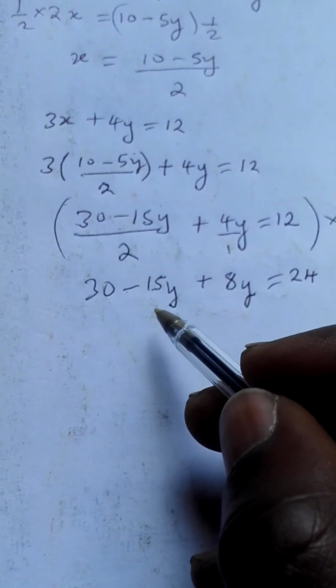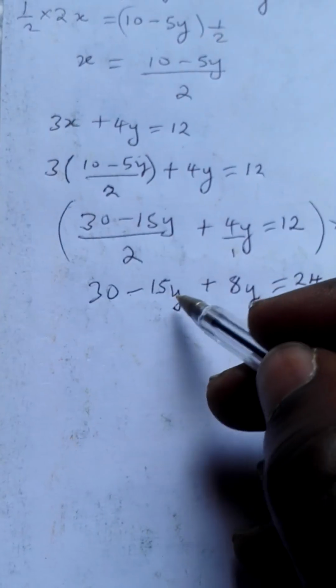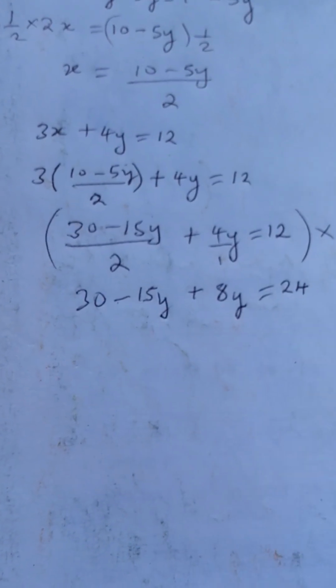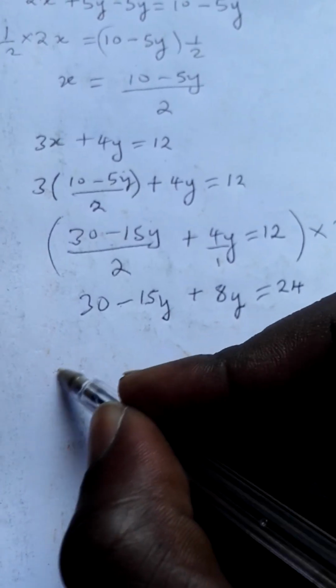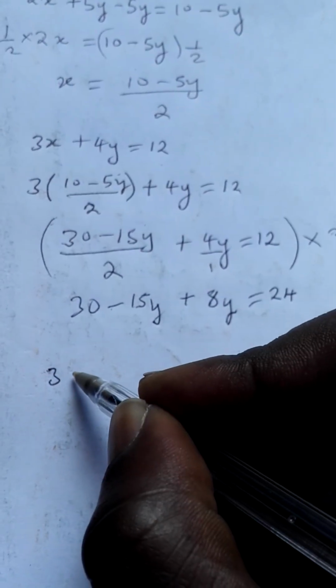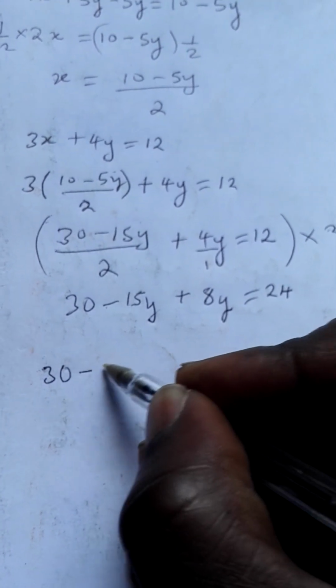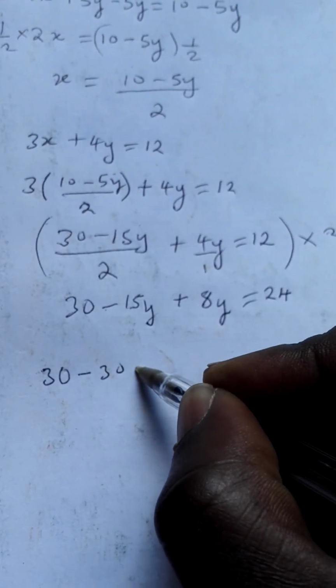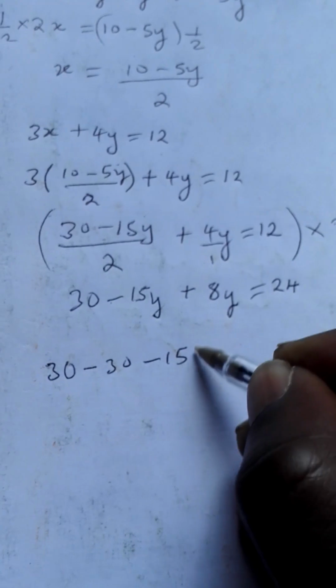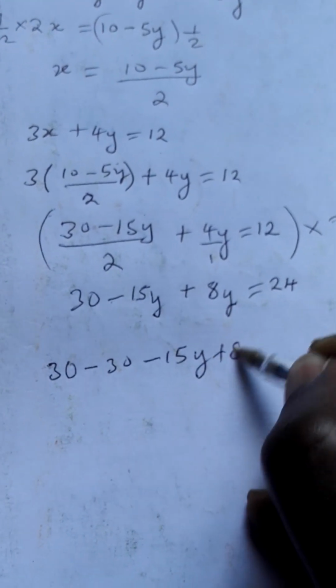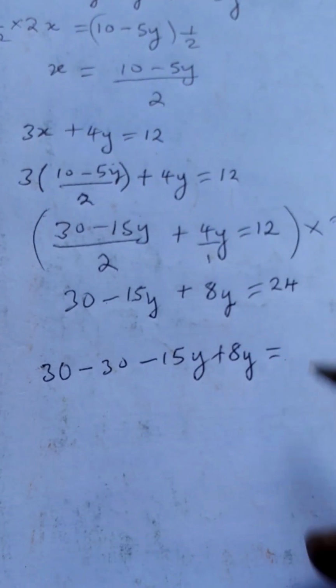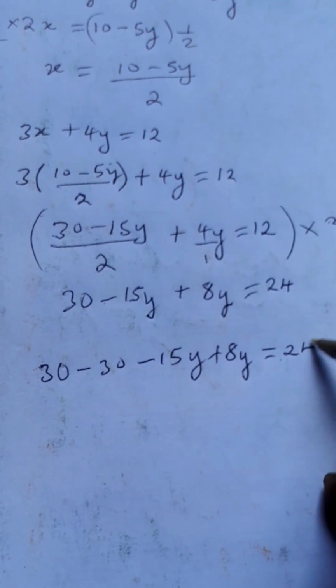On this side we are going to remain with the y, or we can simply say 30 minus 30, then minus 15y plus 16y equals 48.